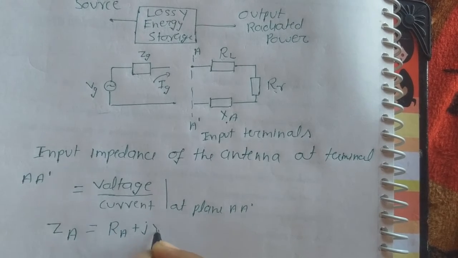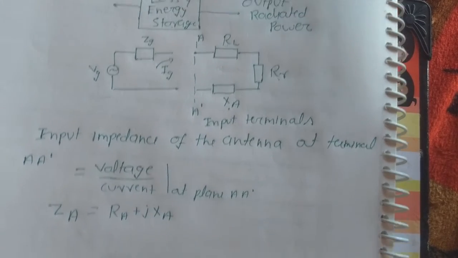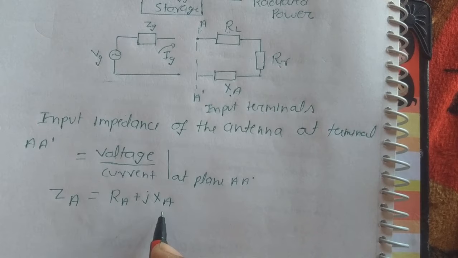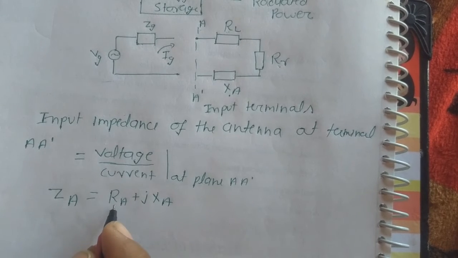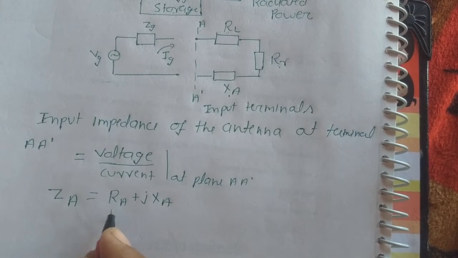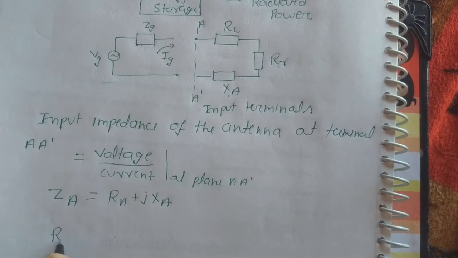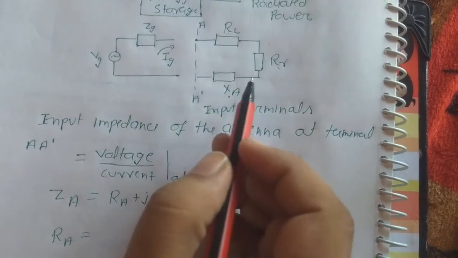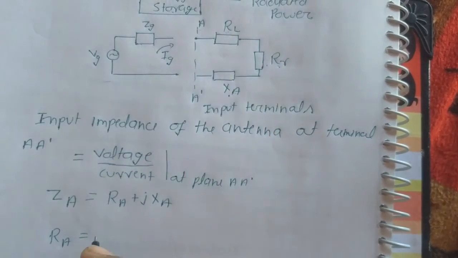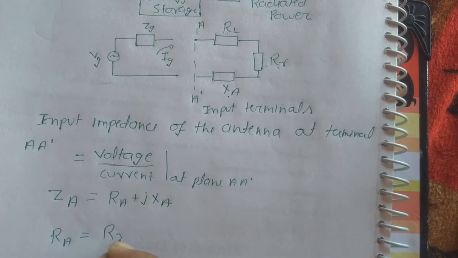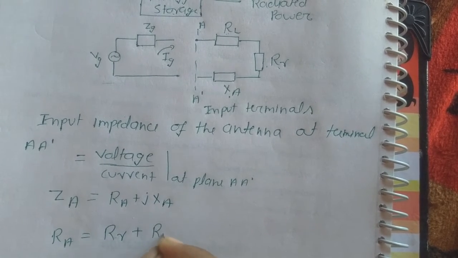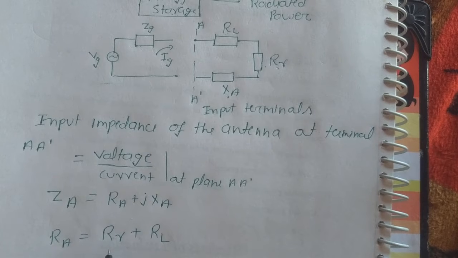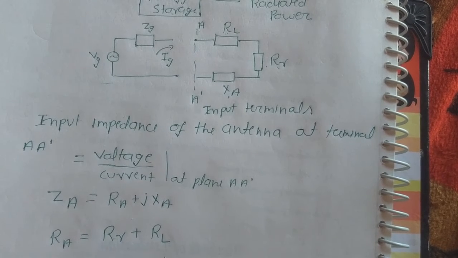So we can write here ZA equal to RA plus j XA, where XA is the reactance of the antenna and RA is the total resistance of the antenna. RA equal to RR plus RL, where RR is the radiation resistance of the antenna and RL is the loss resistance of the antenna.